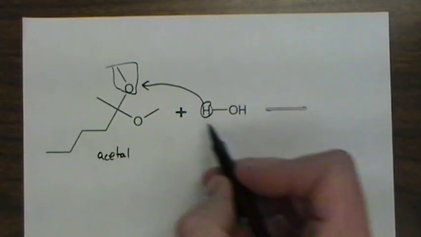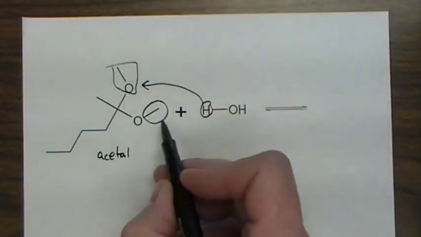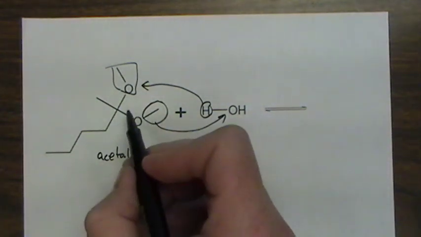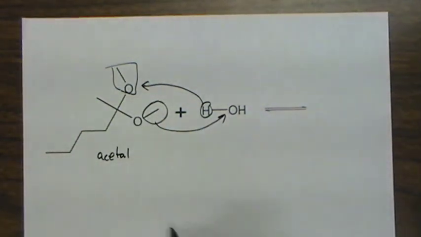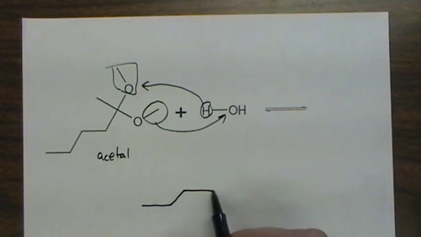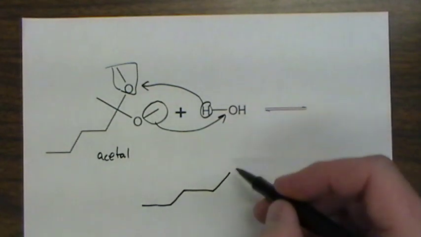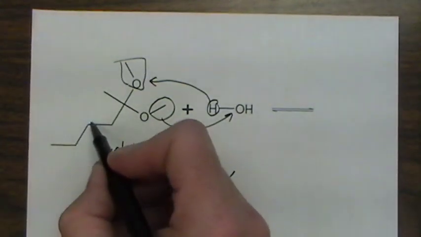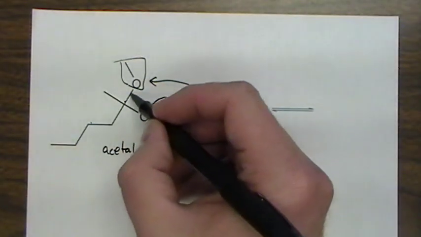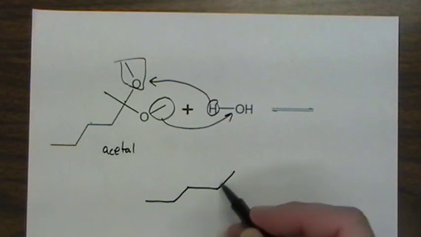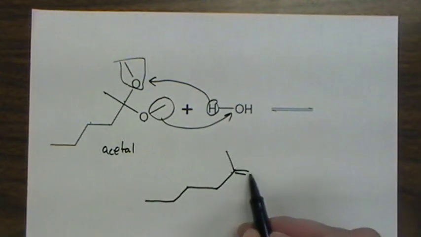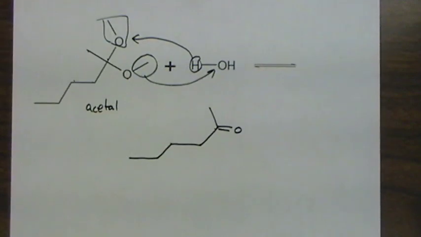So it goes off, and then we'll take this small group that attaches to the OH group, and it leaves behind one oxygen that becomes double bonded to the carbon. So let me just draw it out first here. We have 1, 2, 3, 4, 5, 6. So 1, 2, 3, 4, 5, 6. And this oxygen, we'll say, gets left behind and becomes the ketone.